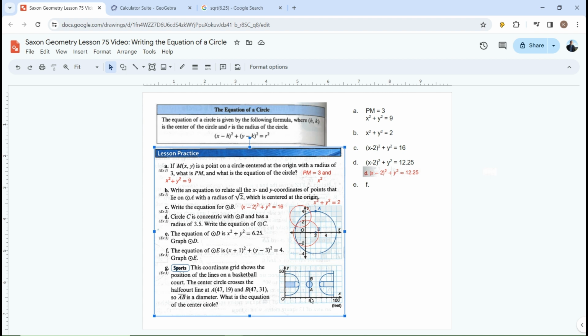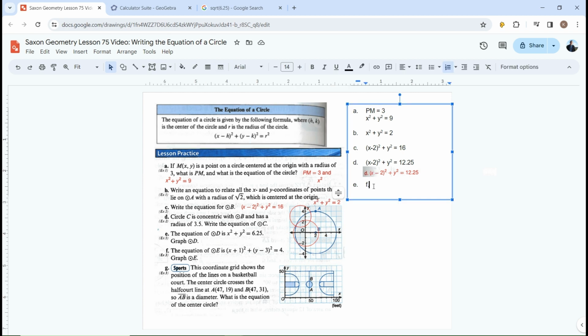The x coordinate is the same, the y coordinate is different by 12. So that means that the diameter of this thing is 12. I don't care about the diameter for my equation of a circle. What I need is the radius. The radius is going to be 6.